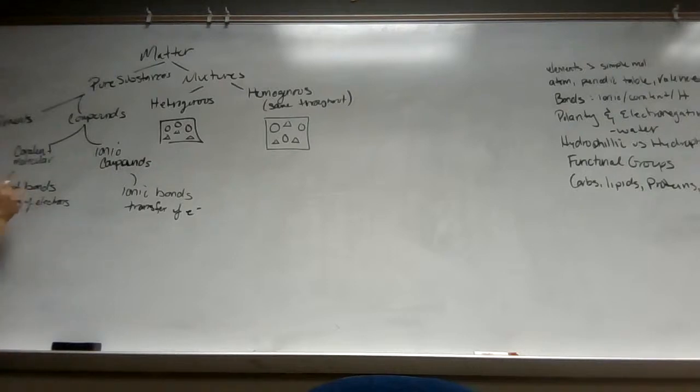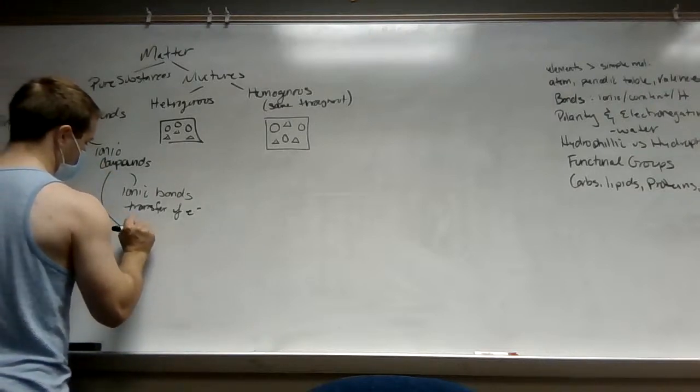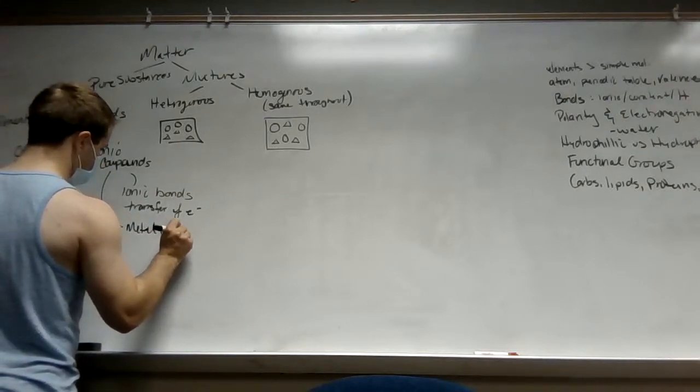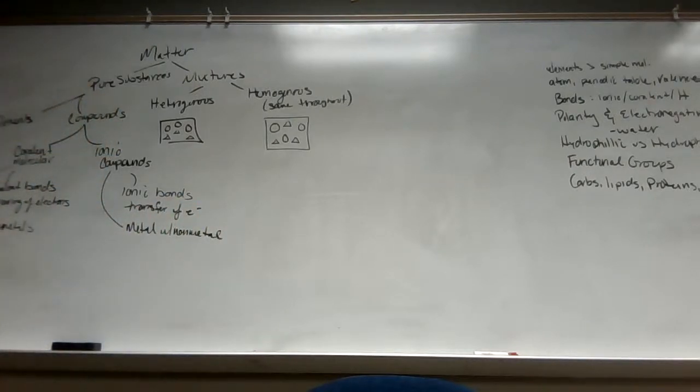Your covalent compounds are made up of nonmetals, and your ionic compounds are metal with a nonmetal. Does that make sense?